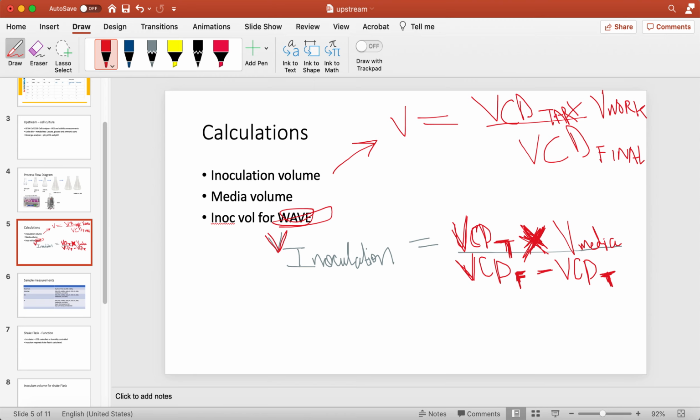So here you have VCD target, VCD working volume, VCD final, and here you have VCD target times V media, volume of media.